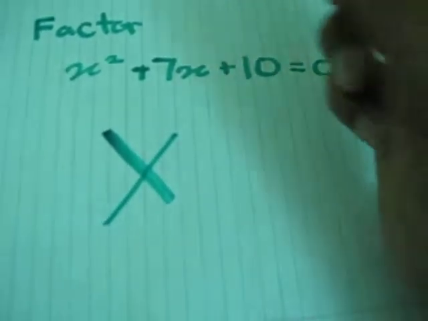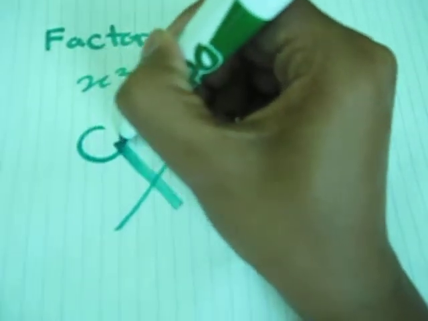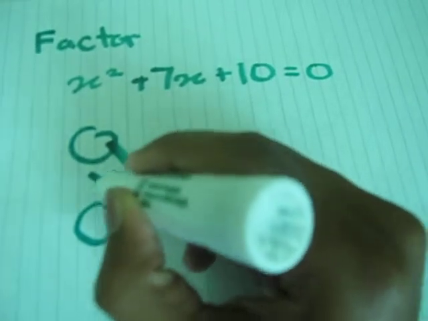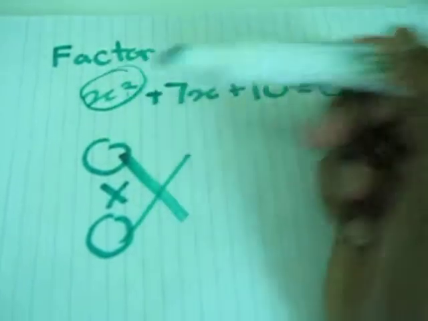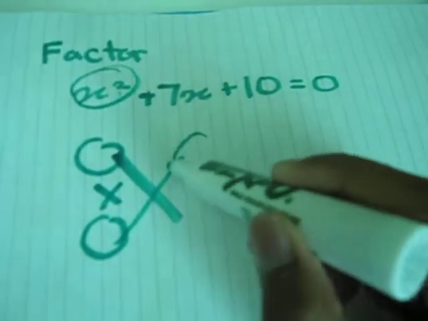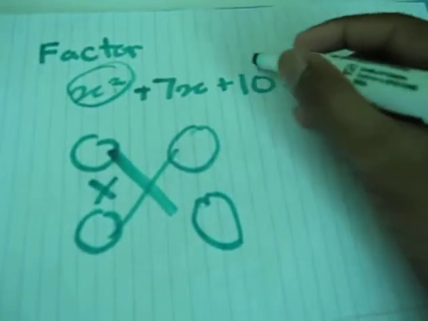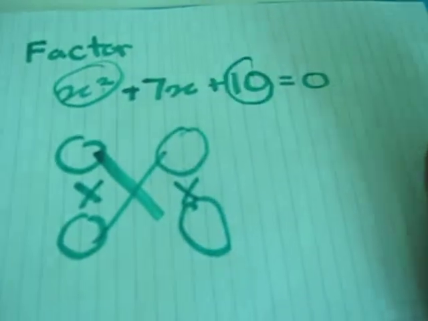Then we're going to find what two numbers we can multiply over here times each other that will equal x squared, and what two numbers we can multiply over here in this space that will equal 10. And then we can solve the problem from there.